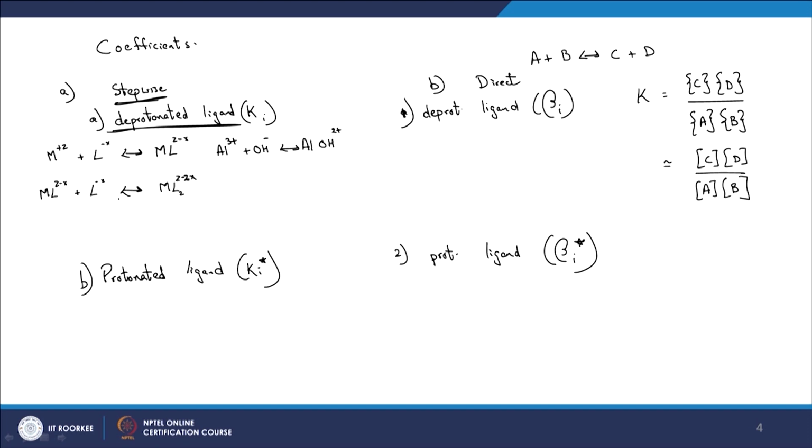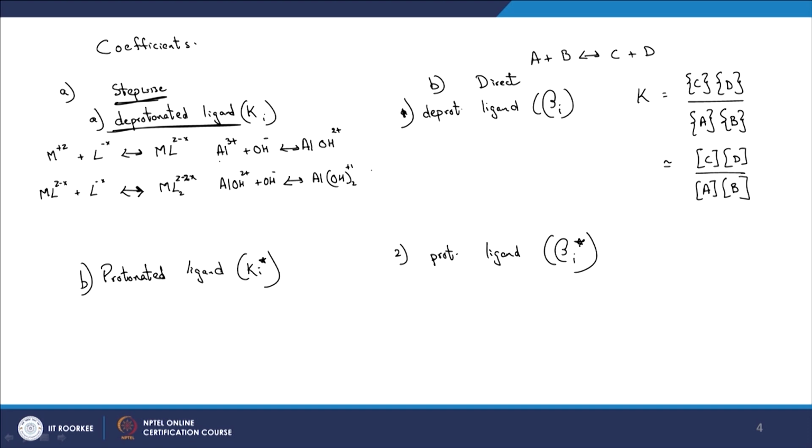Again this is the generic form, and it is flexible depending upon how you write the coefficients. So what does that mean? Here it is AlOH 2+ plus OH minus, again stepwise. Al3+ first forms AlOH 2+, and AlOH 2+ reacts with the deprotonated ligand OH minus to form Al(OH)2 with a 1+ charge.